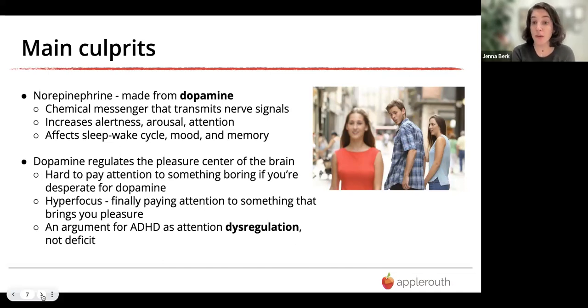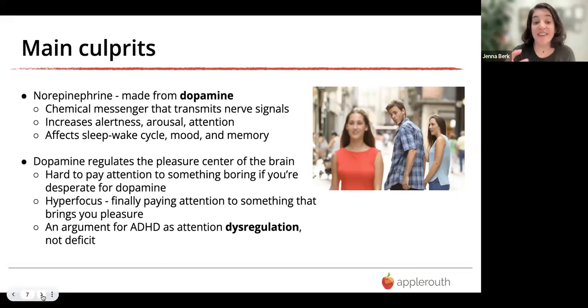So if you are a person with ADHD or you know somebody who has it, you might realize that they have a really difficult time going to sleep or staying asleep, and they may also have a lot of trouble with their working memory, keeping things in their short-term memory. Sometimes it feels like the information just goes in one ear and out the other. That can be from a lack of norepinephrine or just norepinephrine that's not working the way that it needs to.